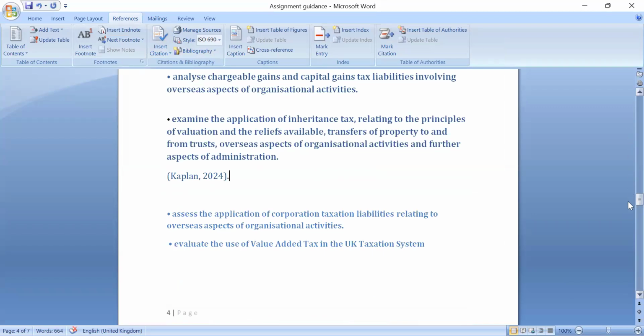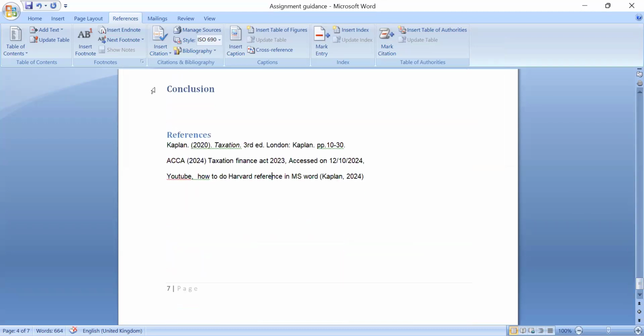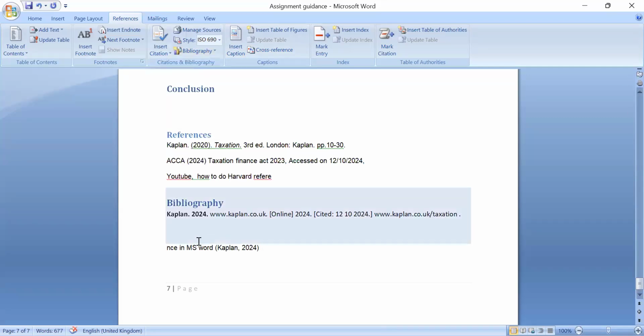When I finish all my references at the end of my assignment, I go back to the reference button here. It says bibliography. Bibliography and reference are the same thing, and it will create it for me in alphabetical sequence. Anything I include like this will be created alphabetically. It's Kaplan 2024, accessed from this website.